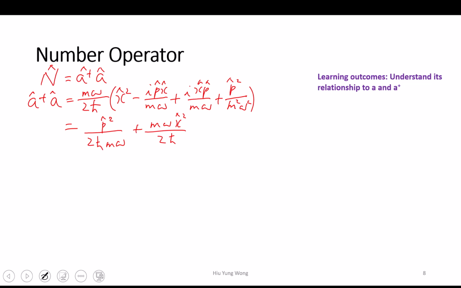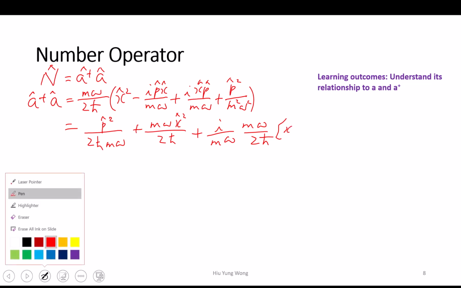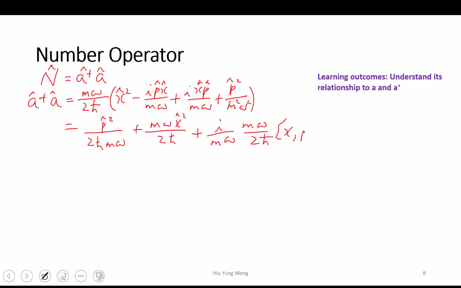This is just equal to i divided by m omega divided by 2 h bar, x p.